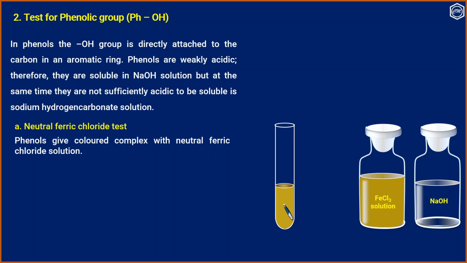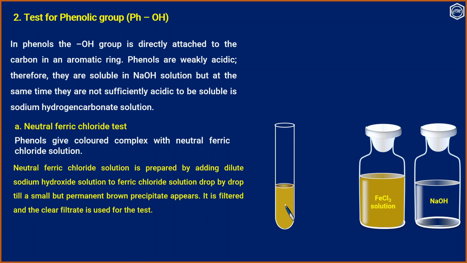So, about 1 ml of the ferric chloride is taken, and to that we are adding dilute sodium hydroxide solution drop by drop. And the addition continues till a small but permanent brown precipitate appears.